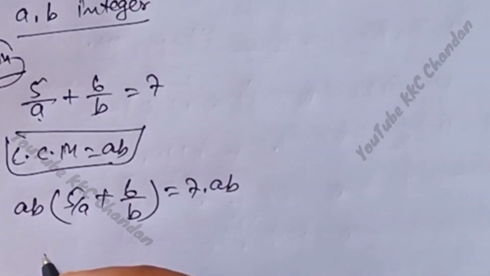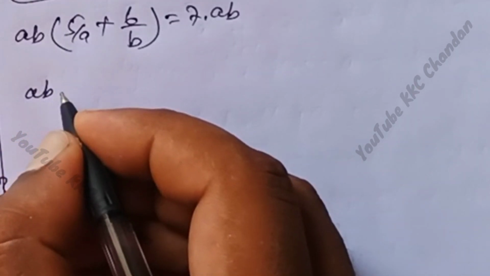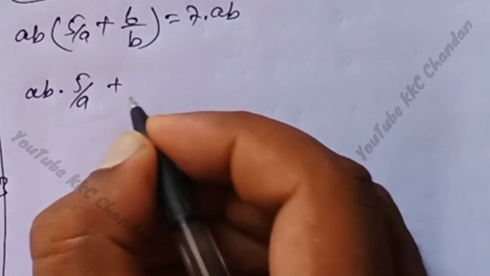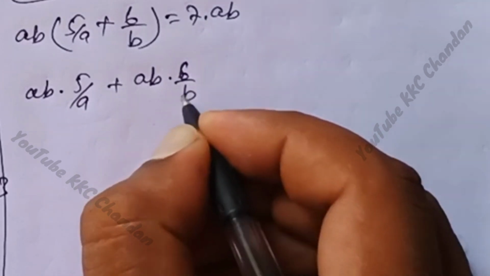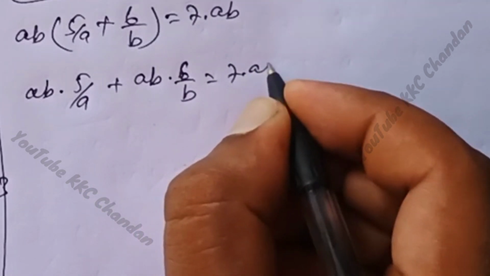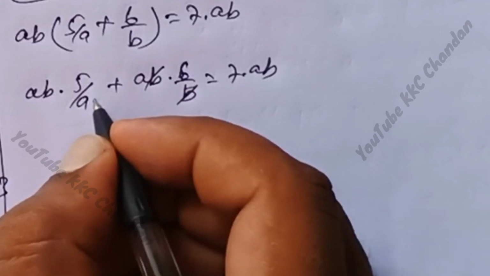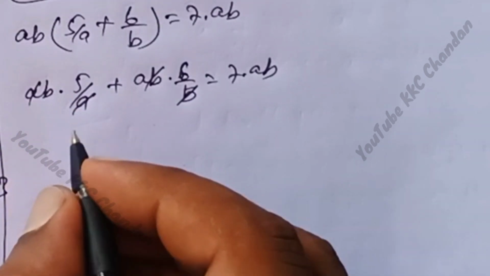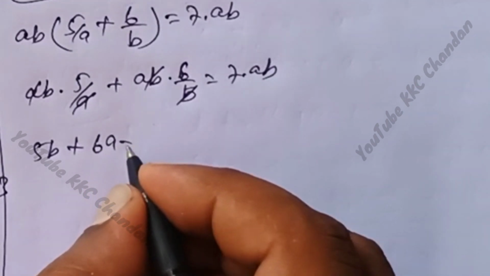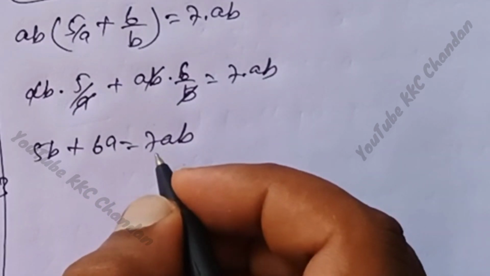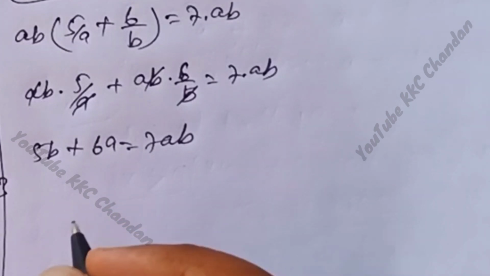After that, ab into 5 divided by a plus ab into 6 divided by b is equal to 7ab. b cancels, a cancels. 5b plus 6a is equal to 7ab.